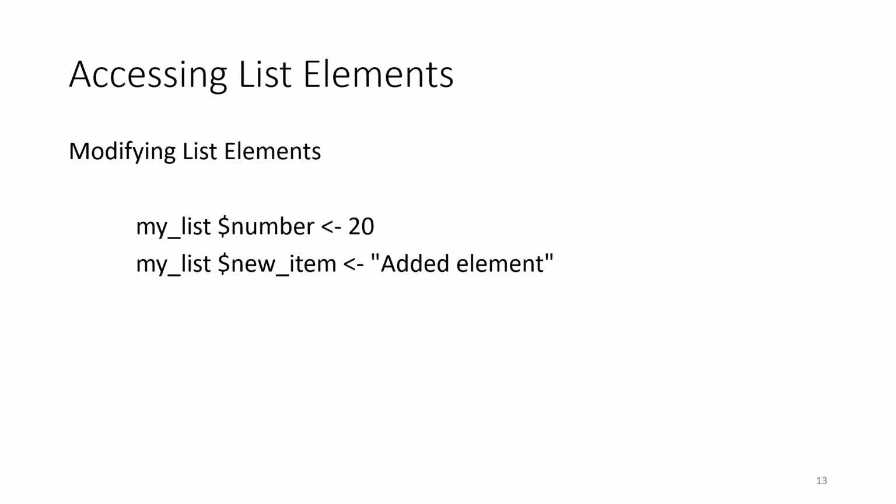We can also add new elements to a list. For instance, my_list$new_item = "added element" creates a new element called new_item and stores the text added element in it. So lists in R can be updated or expanded at any time.